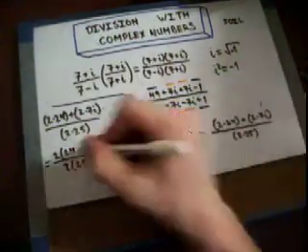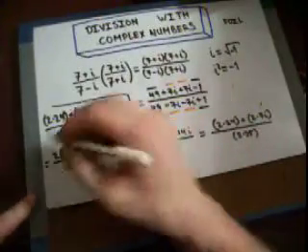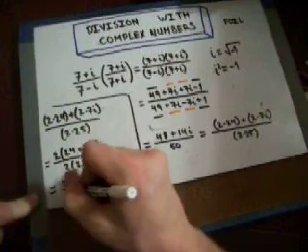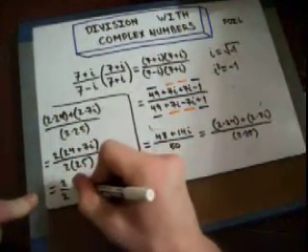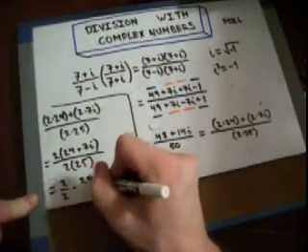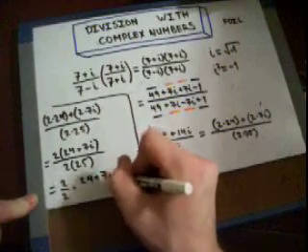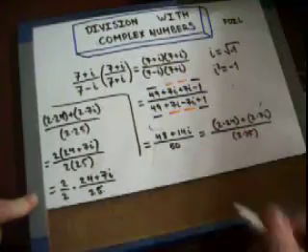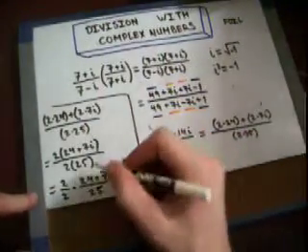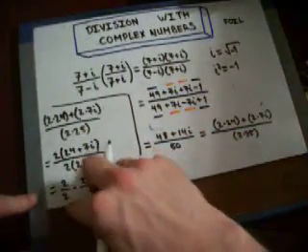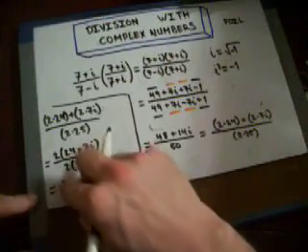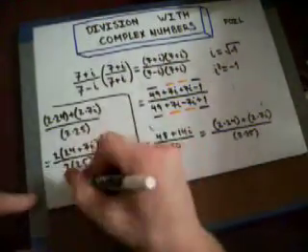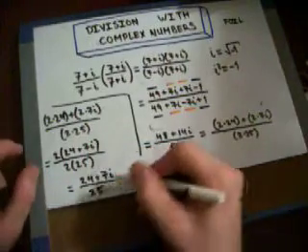Well, this just turns into 2 over 2 times 24 plus 7i over 25. This 2 over 2 is just 1, and 1 times anything is just the anything, so there's my answer right here, and that's how I wrote it on the website.